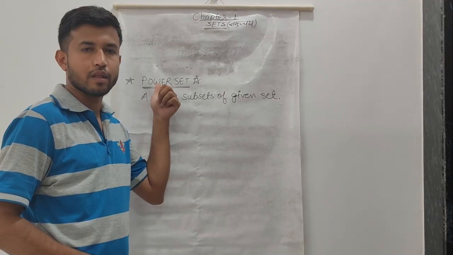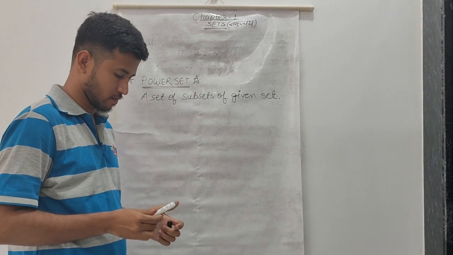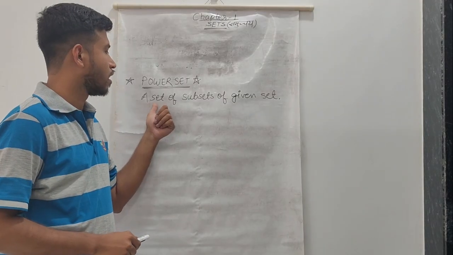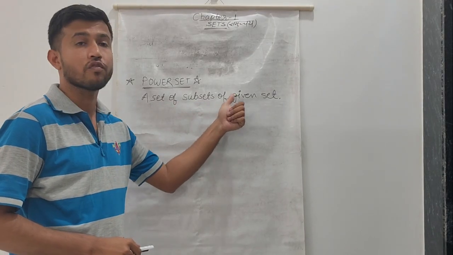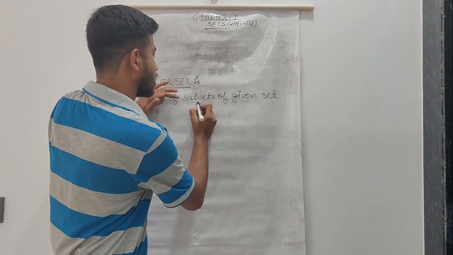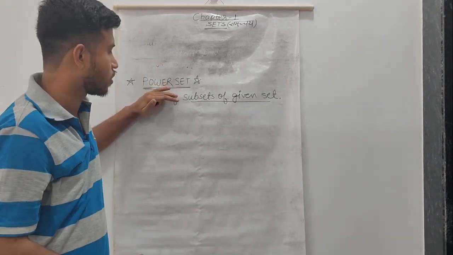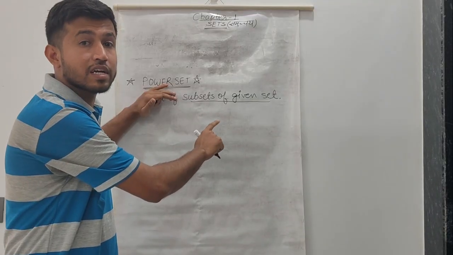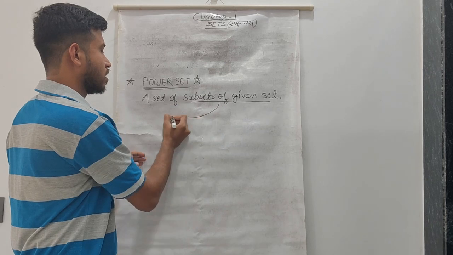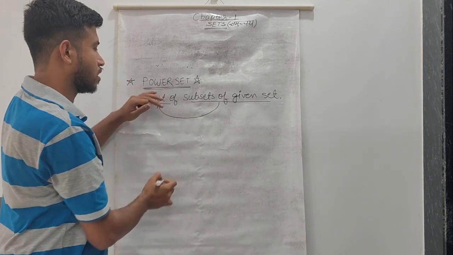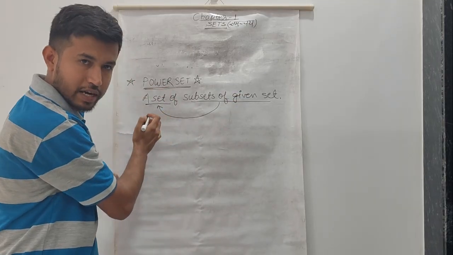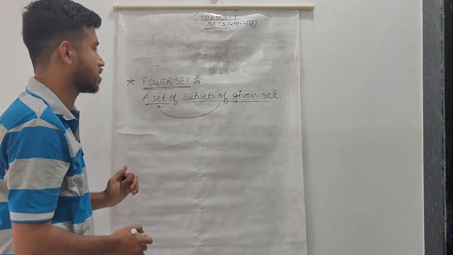We will look at another topic, power set. What do you mean by power set? A set of subsets of a given set. Look at this line. The subsets of a given set, and their set, is called the power set.